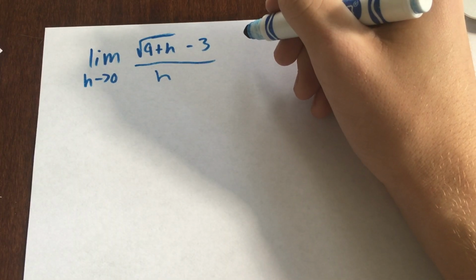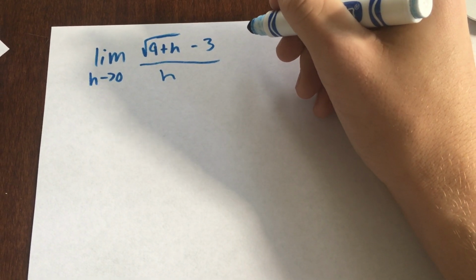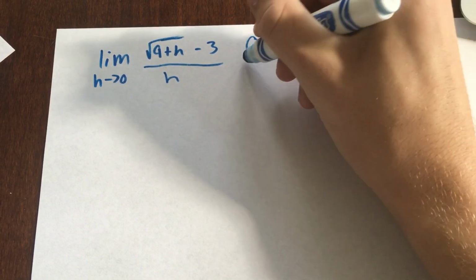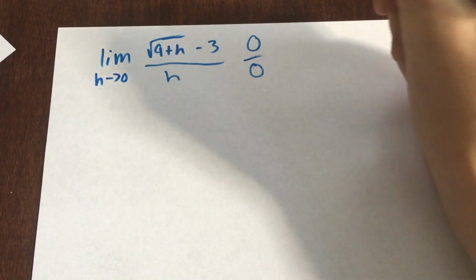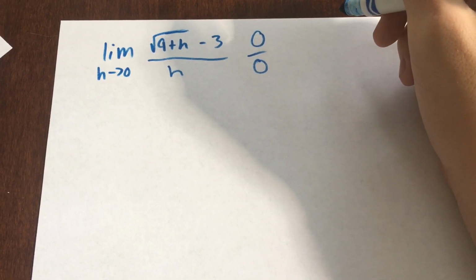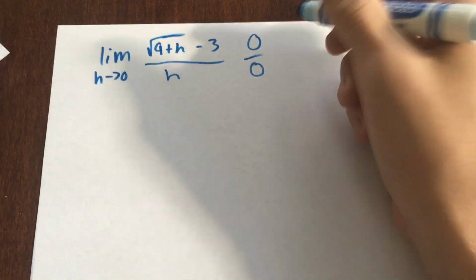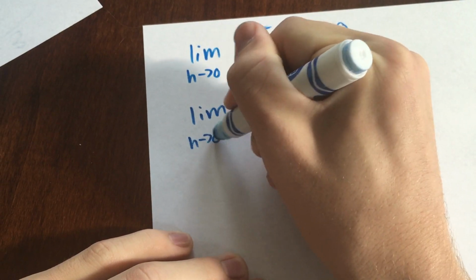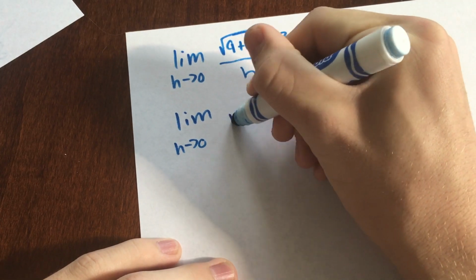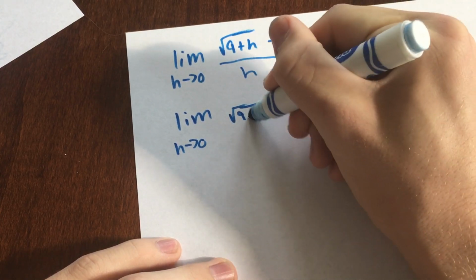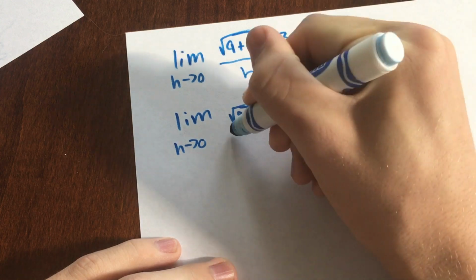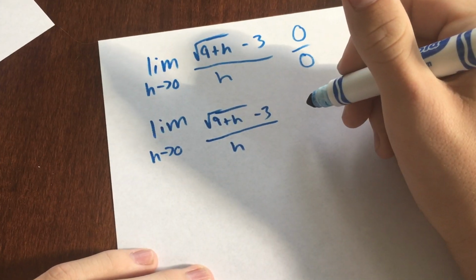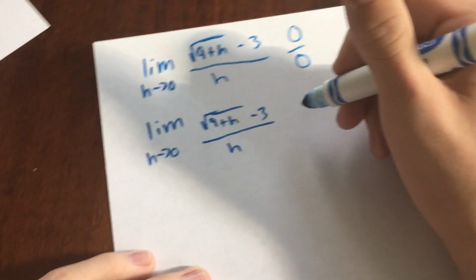You're going to be finding the limit as h approaches 0 of the square root of 9 plus h minus 3, over h. The first thing we're going to do is plug the 0 into that, and that's going to give us 0 over 0, so we know we have some more calculus to do. Next, we're going to rewrite this problem, the limit as h approaches 0 of the square root of 9 plus h minus 3 over h, and we're going to multiply it by the conjugate.